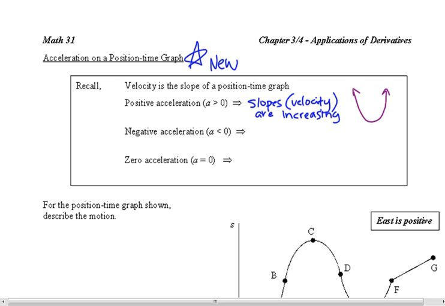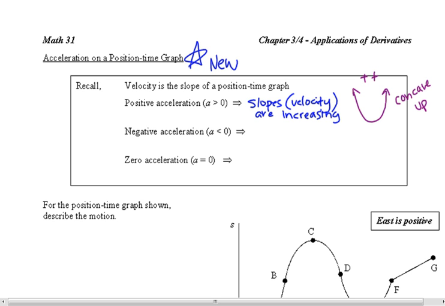Here we have a really negative slope, which is our velocity, and notice how our velocity approaches 0 and then gets more and more positive. Our slopes are increasing. That means we have positive acceleration. This is what we call concave up.